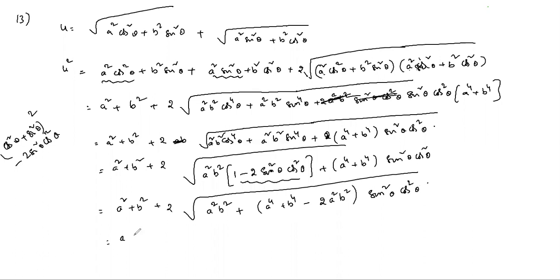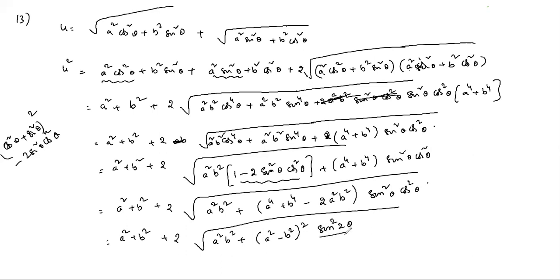So a square plus b square plus 2 into root of a square b square plus 1. This one a square minus b square whole square. And sin theta cos theta you can write sin square 2 theta by 2, will carry extra 2 square. What is sin 2 theta? 2 sin theta cos theta. So multiply with 4 and divide with 4. We can write sin square 2 theta by 4.